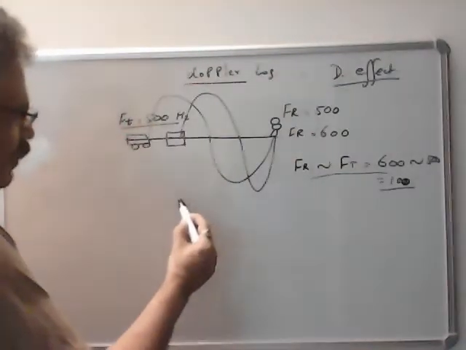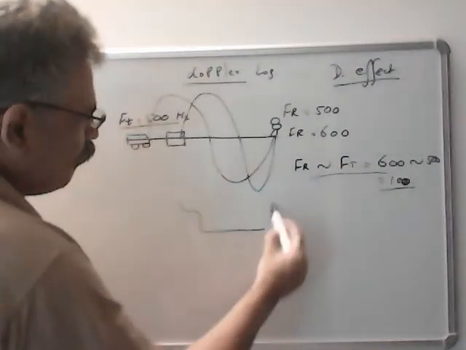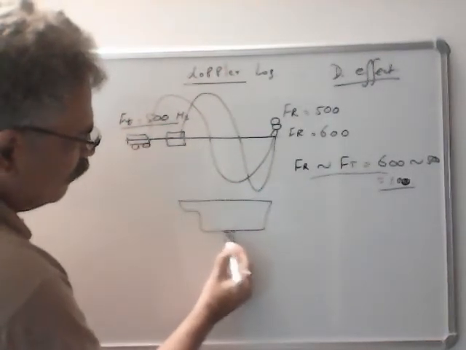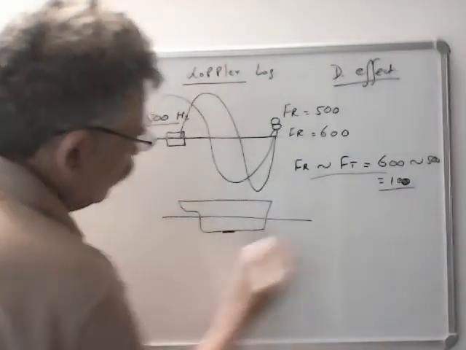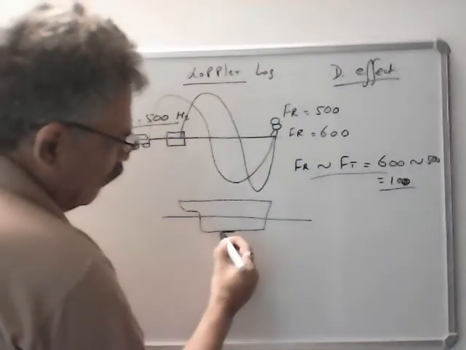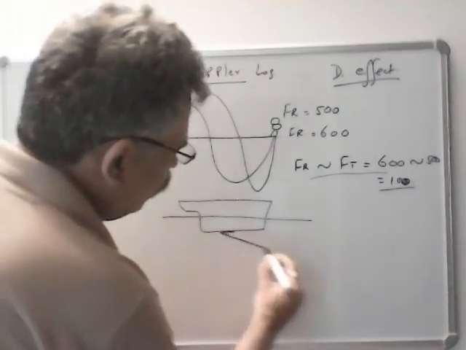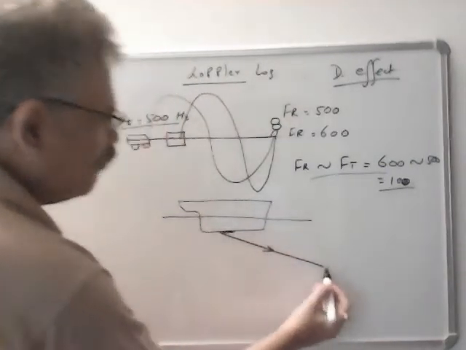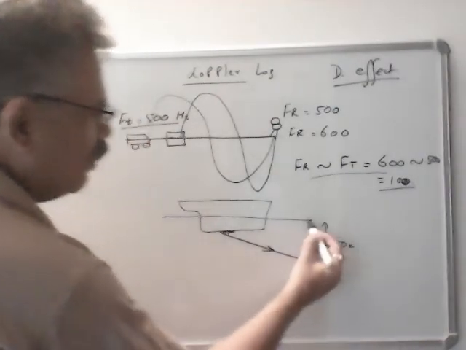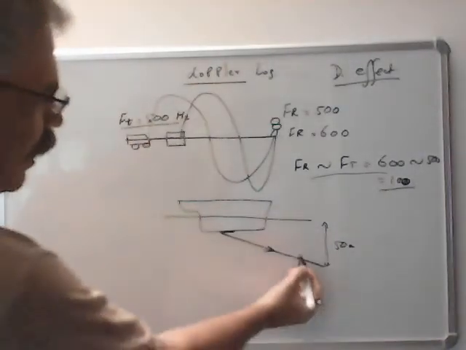So here what happens? There is a sensor similar to the EM log on the bottom of the ship. This transmits a sound wave at an angle of about 60 degrees. This sound wave goes to a depth of about 50 meters or so below the waterline and comes back.